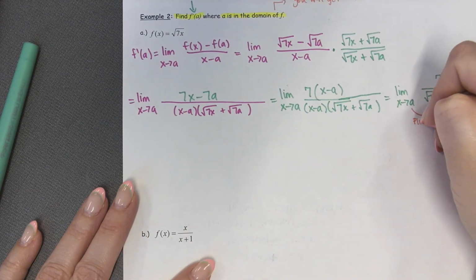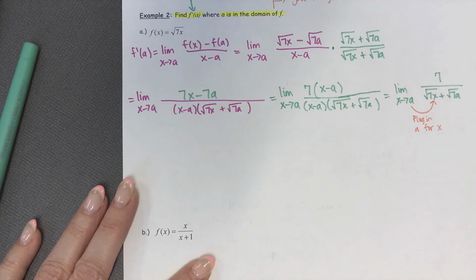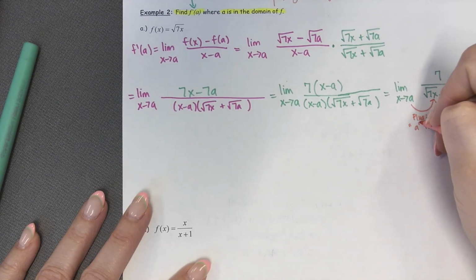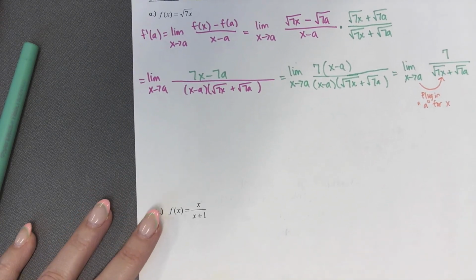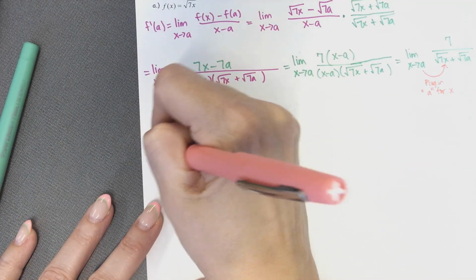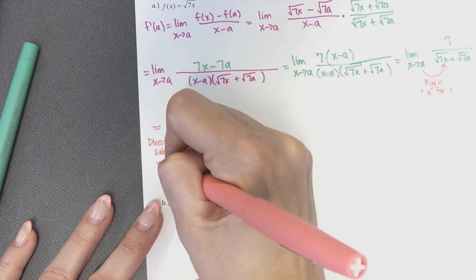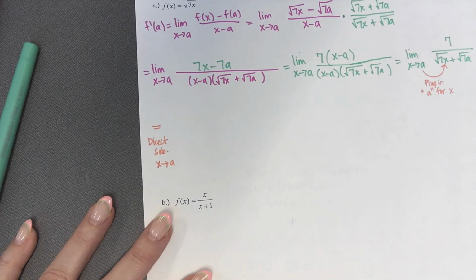So you're plugging in that variable for x, and x is now going to be replaced with your a.